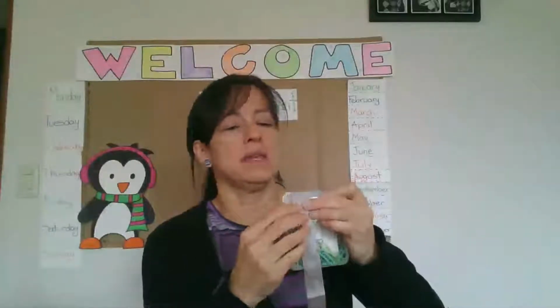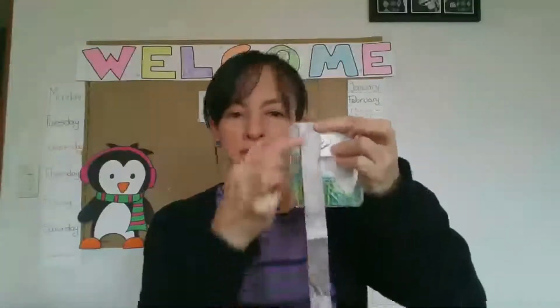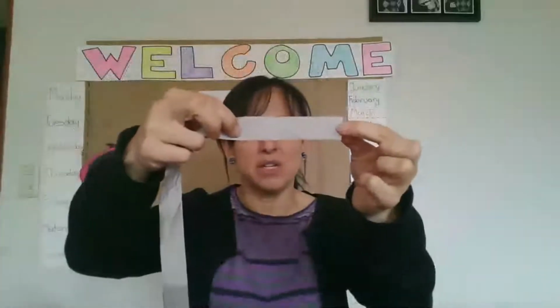For example, I can use this piece of wool, and I can measure, okay, this box goes from here to here, and I will know that this is the measure of my box. So I can use anything that I have.